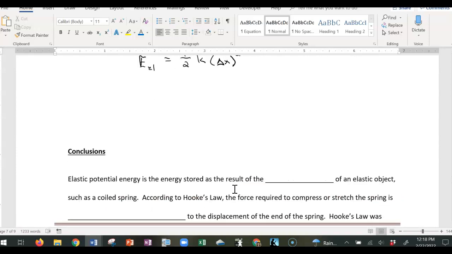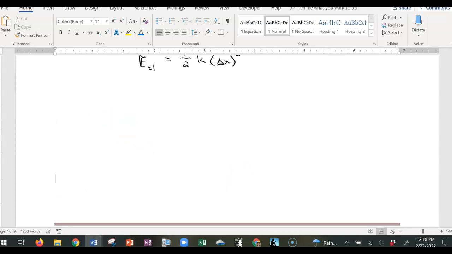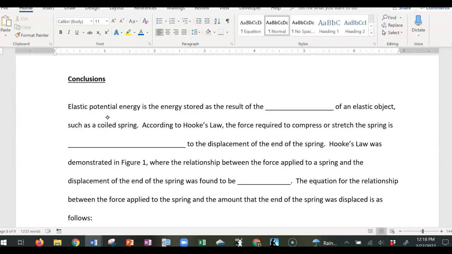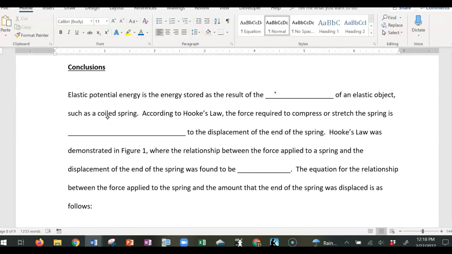Okay, so then we get to our final conclusions here, and we'll just quickly go through those. Elastic potential energy is energy stored as a result of the deformation of an elastic object, right? Deformation means that you change the shape.